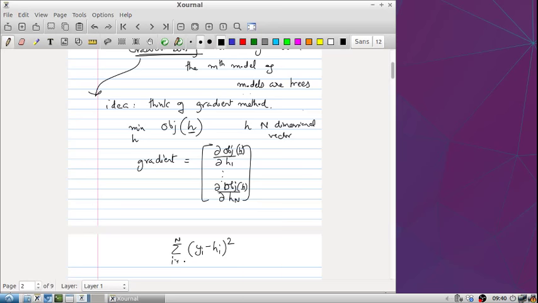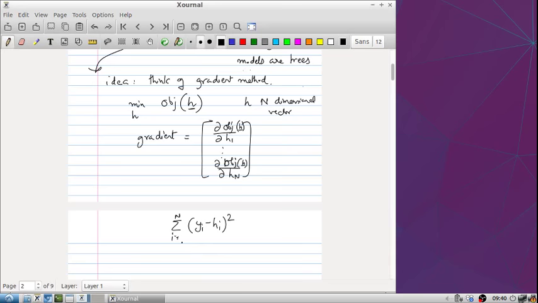If you take the partial derivative with respect to h1, there's only one term which involves h1, and that's going to be minus 2 times (y1 minus h1). So this would be the gradient, and it depends on the current value of h1.